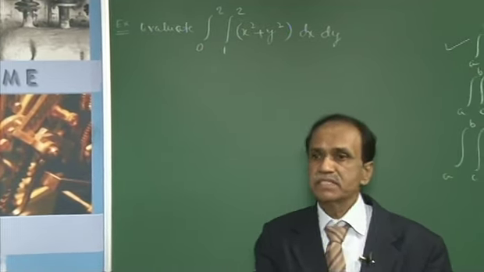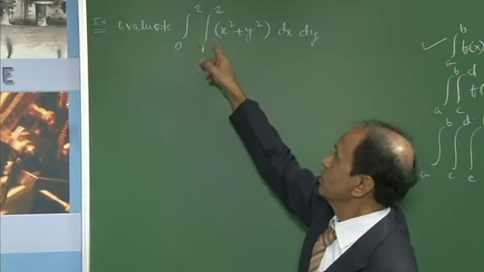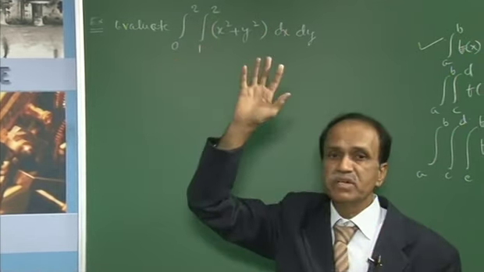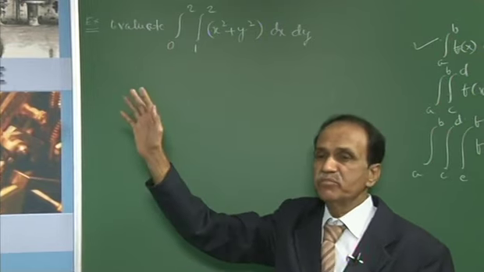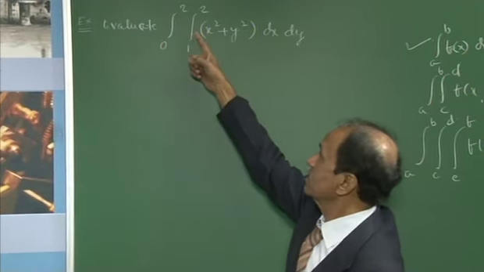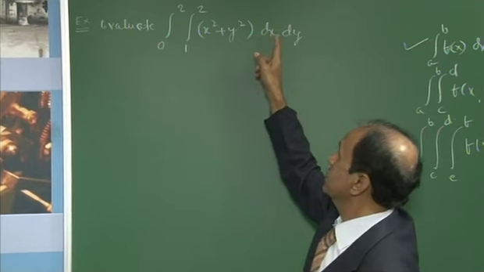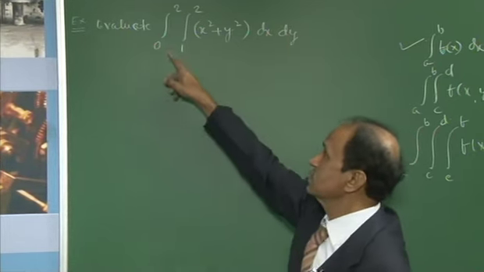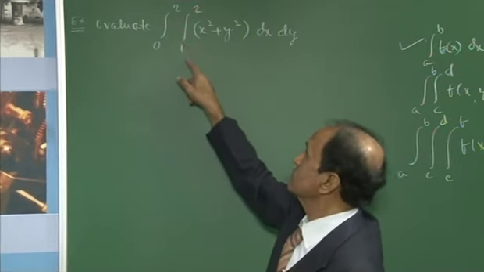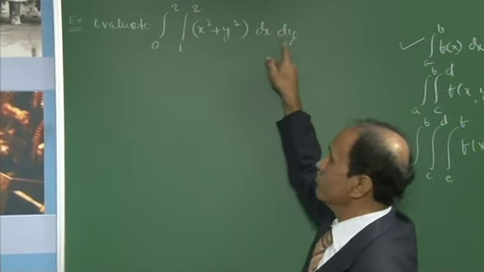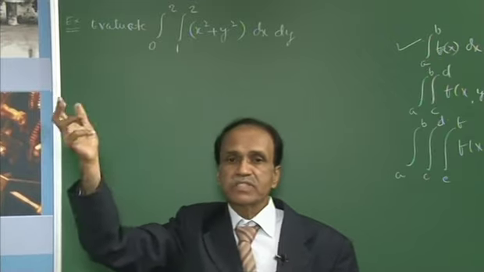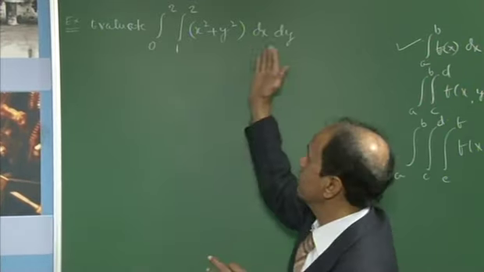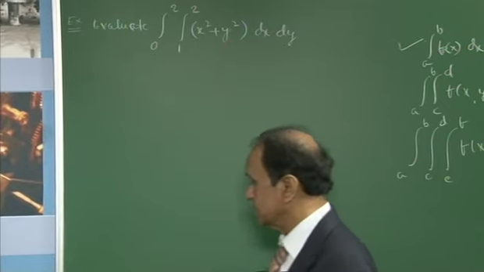You can remember that these two limits are lower limits and these two limits are upper limits, both of them constants. Both being constants means you can take the same order, dx first and dy next. Otherwise, with constant limits it is immaterial whether dx or dy appears first, because constant limits we can take in any order and then take the integration.